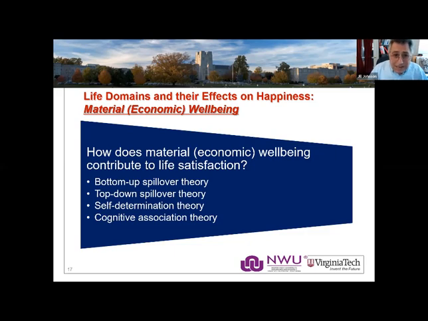And as a matter of fact, in our culture, these associations are very prominent. They're very strong. So in many democracies and pro-market types of societies, again, these cognitive associations between wealth and happiness tend to dominate our culture. And that's the gist of what we call cognitive association theory.